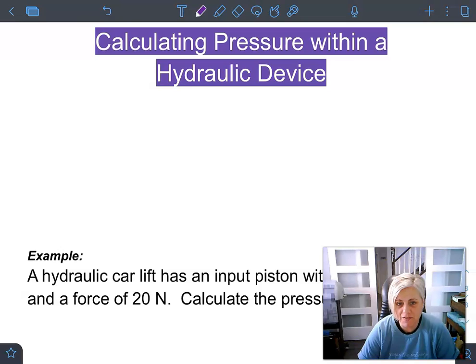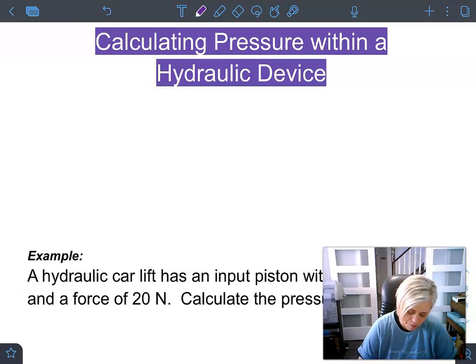Now, a hydraulic device is a closed system with a fluid inside, and it might have different size pistons putting different forces on different areas of this system, but forces and areas all have to create the same amount of pressure because it's all connected.